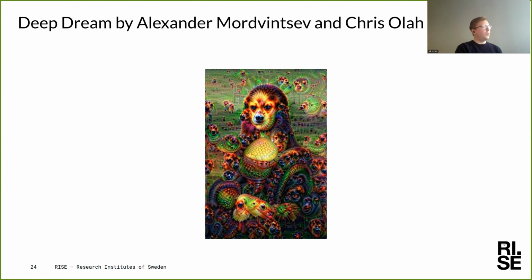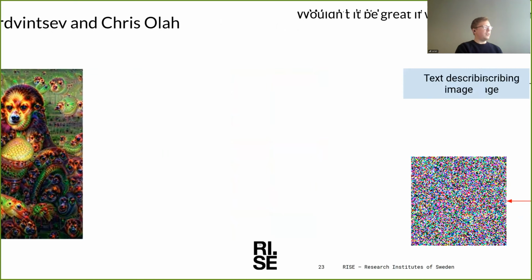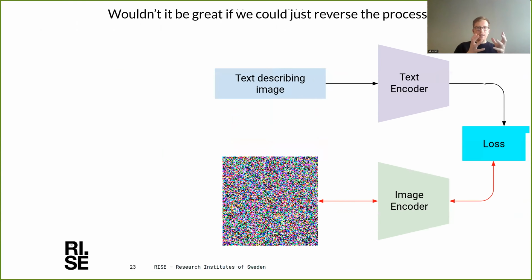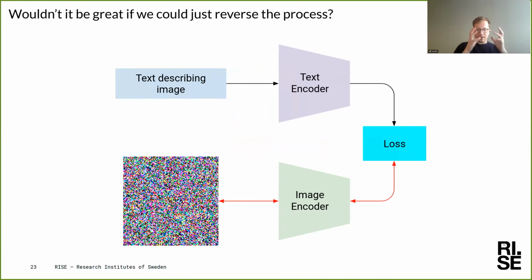So if you naively just input an image into a network, say an old image classification network, and you want to update the image for the class dog by applying the error gradient, that's not very useful because you're most often finding adversarial images.